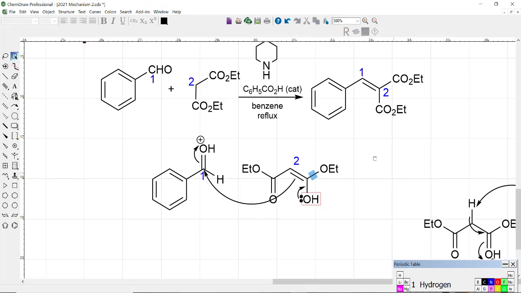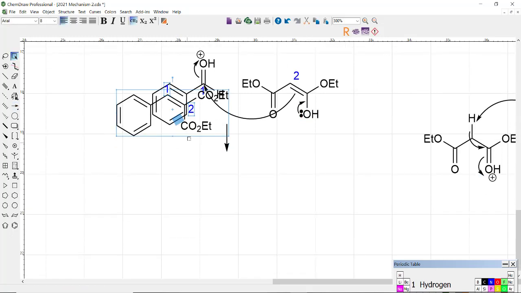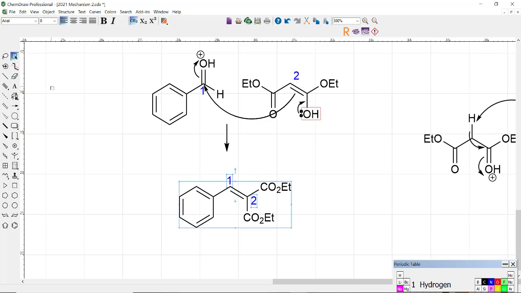So when this happens, I'm definitely not going to redraw the whole thing out. I'm just going to cut and paste. Just going to copy this over here, push it down. I'm just going to erase the numbering a little bit.